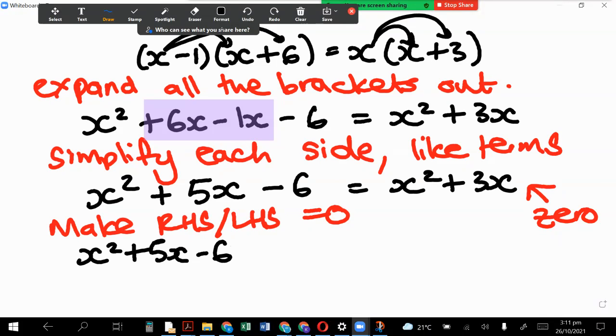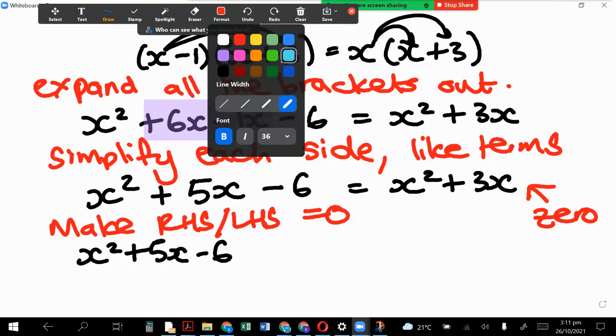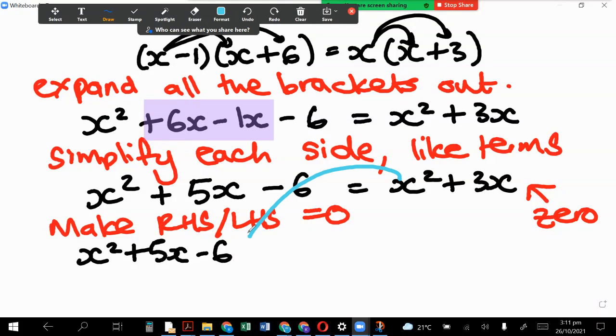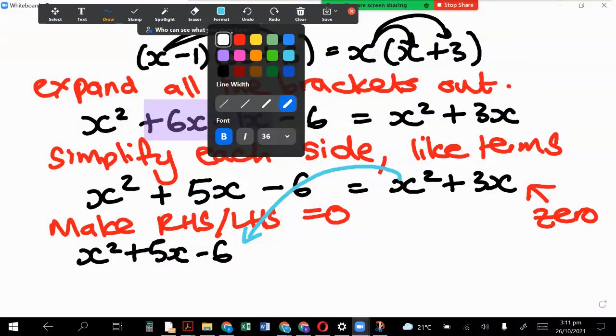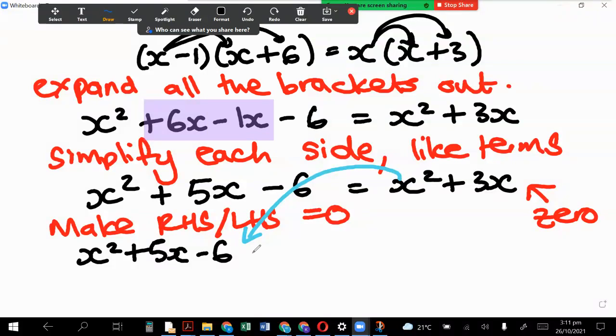When I move anything over an equation, I've got to change sides and change signs. So be careful here. This becomes negative x squared, and this will become negative 3x. I'm left with nothing on the right hand side, so I put 0.